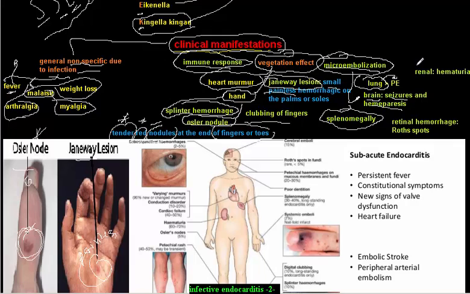Splenomegaly. In renal arteries, the hemorrhage or the embolization may lead to hematuria. It's a common finding to find microscopic or macroscopic hematuria in infective endocarditis. In the eye, we can see retinal hemorrhage.